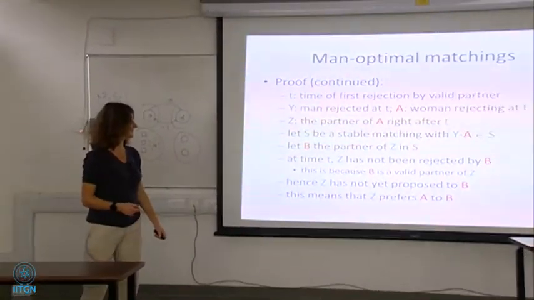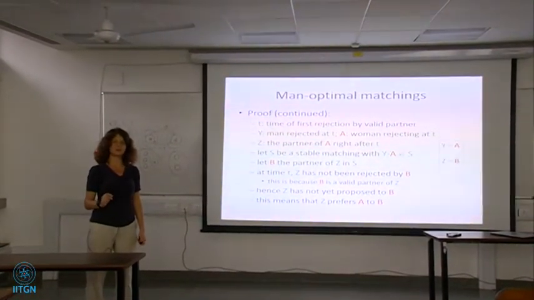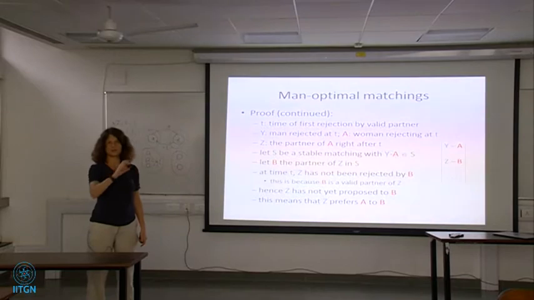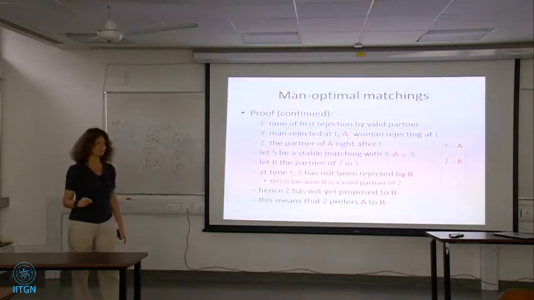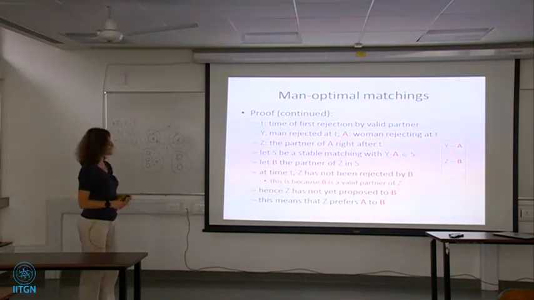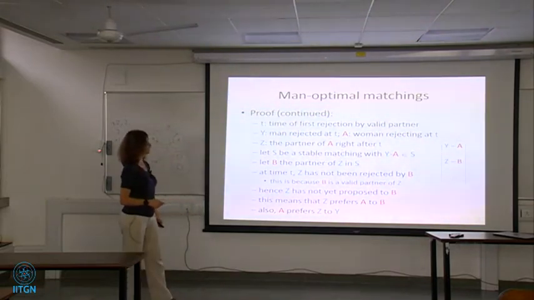And that means that Z actually prefers A to B. If he's currently with A and he hasn't yet proposed to B, because he goes down his preference order, it means that he hasn't reached B as he was going down. So Z prefers A to B. But also we know that A prefers Z to Y. So how do we know that?